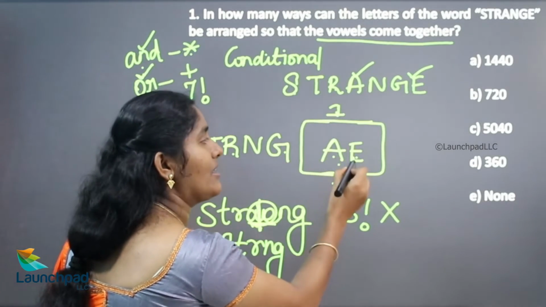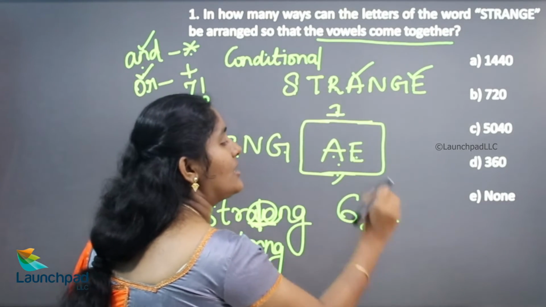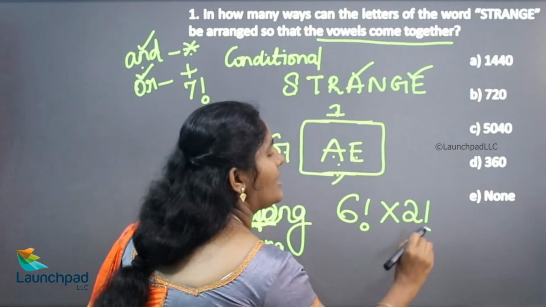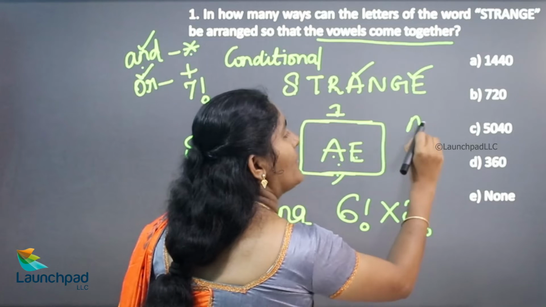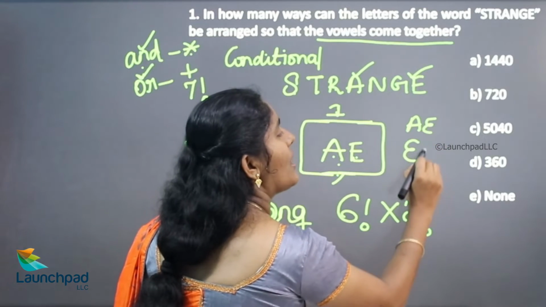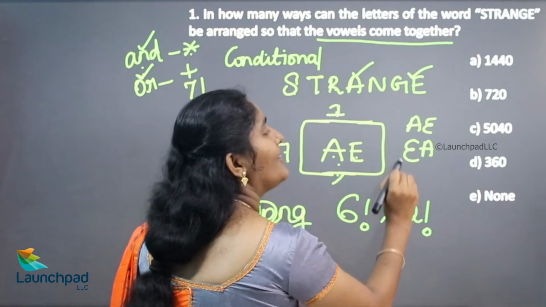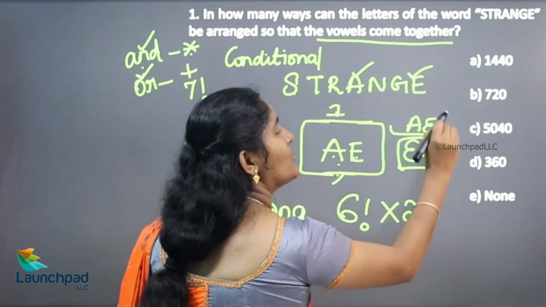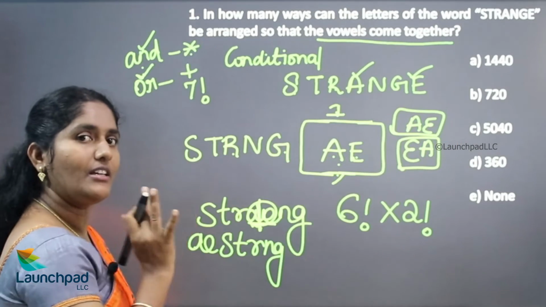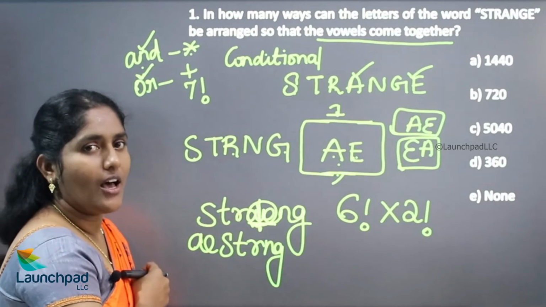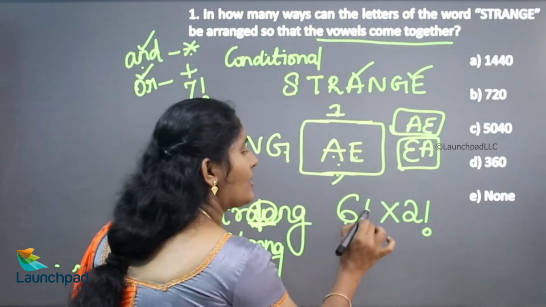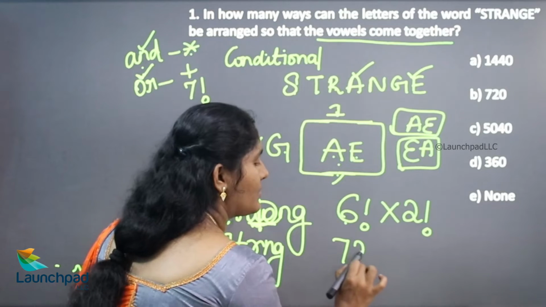And AE will be replaced, that is, AE will be arranged in two different ways. AE, this is one way, and EA is the other way. Anyway, E and A are always together. We need both A and E to come together. Now, 6 factorial value is 720.